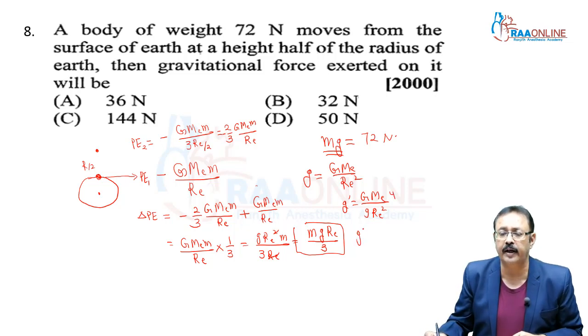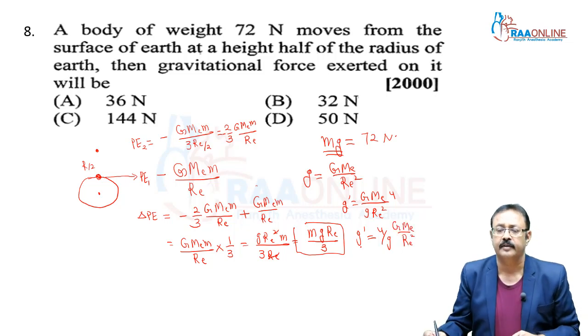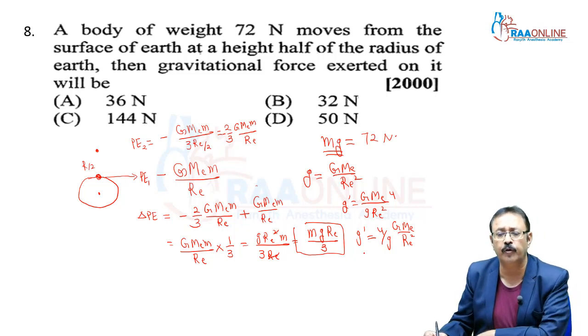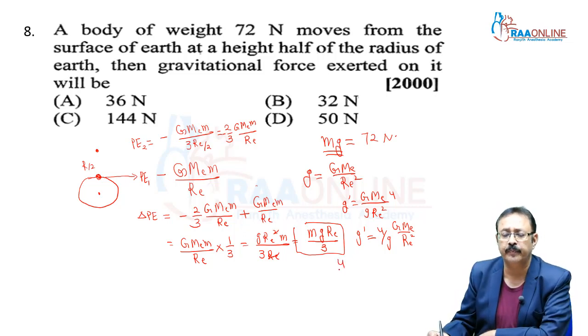So the value of g dash is decreased to 4 by 9 of the value on Earth's surface. So what is the value of 4 by 9 of 72?